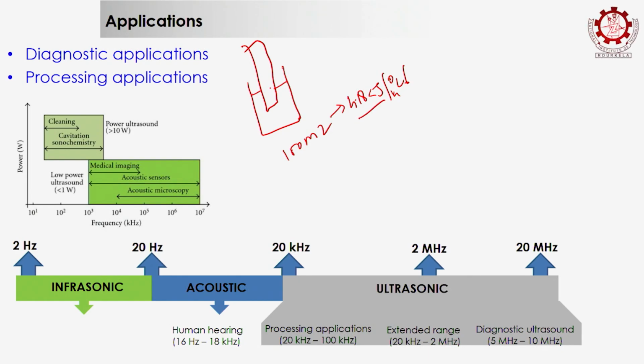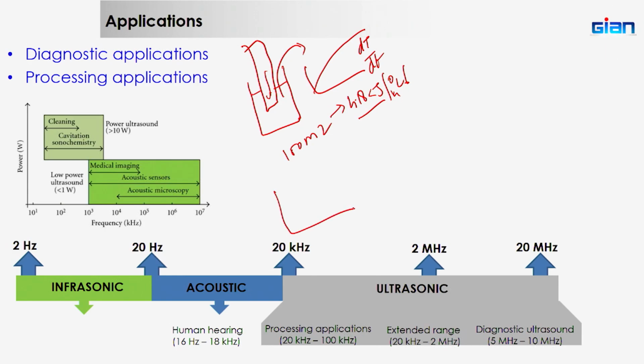When you start the ultrasonic system, the temperature automatically increases. If you measure the temperature, the rate of change of temperature over time gives you dT by dt. That means, as temperature increases over time, you measure the slope of that particular line.